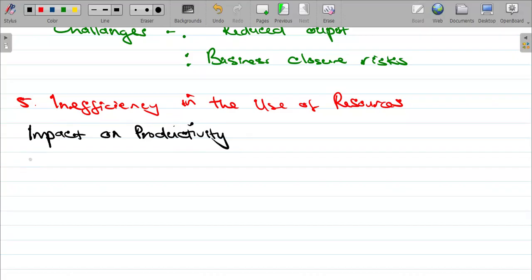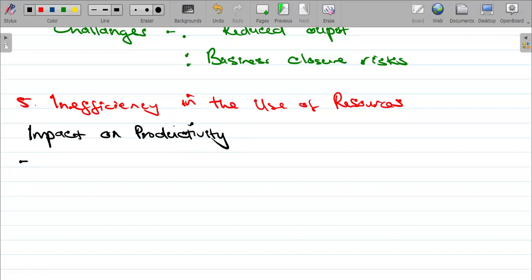So you can find that there will be increased production cost, and also there will be wastage of raw materials, as well as reduced profitability. Since there is production cost and wastage of raw materials, profit will be reduced.